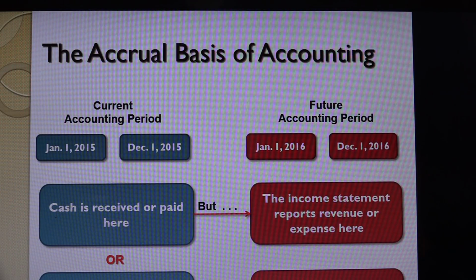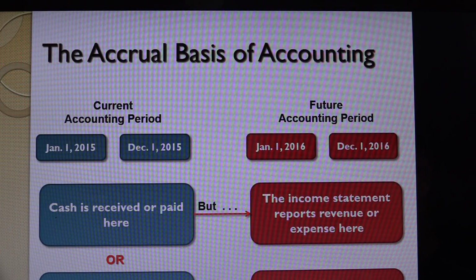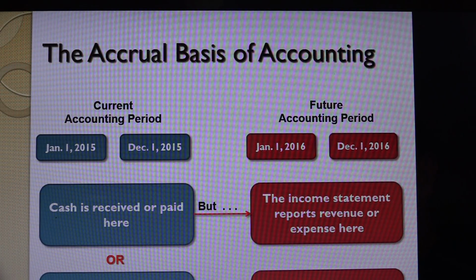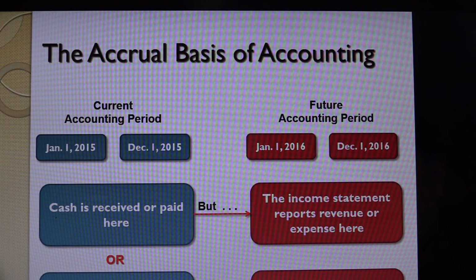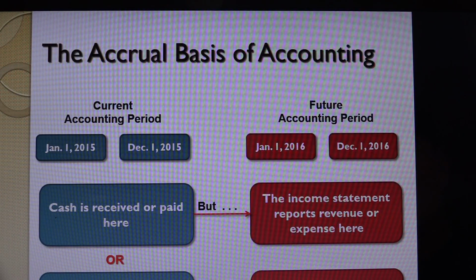You receive it in 2015 in this example, you don't provide the good or service until 2016, you just put it on your books as a prepayment, and you can't recognize the sale and the revenue from the sale until 2016 when you provide the good or service.